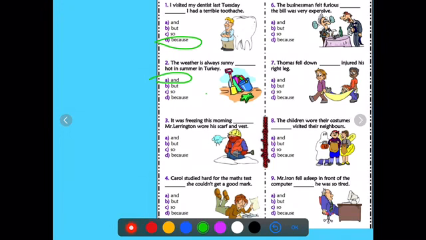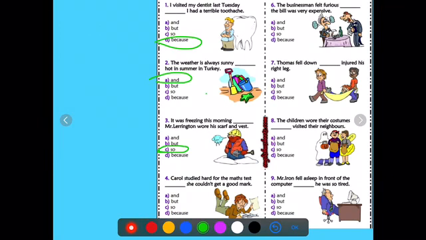Number 3. It was freezing this morning. Blank, Mr. Lerington wore his scarf and vest. Very good. It was freezing this morning, so Mr. Lerington wore his scarf and vest. That was the reason why he wore that.